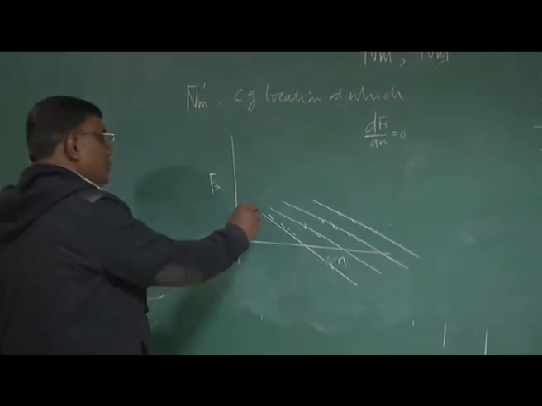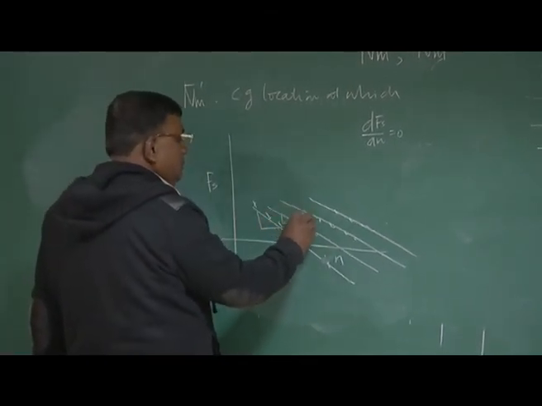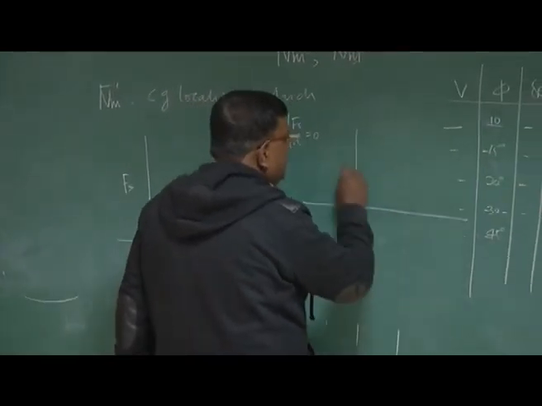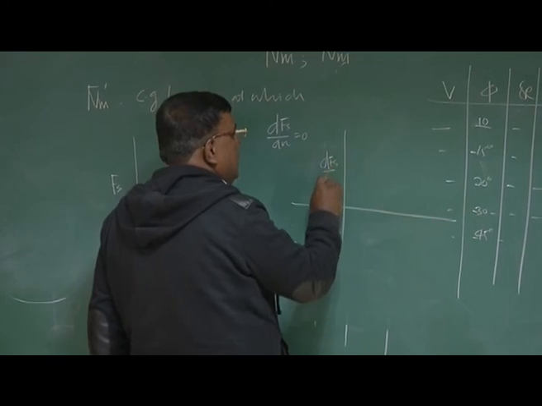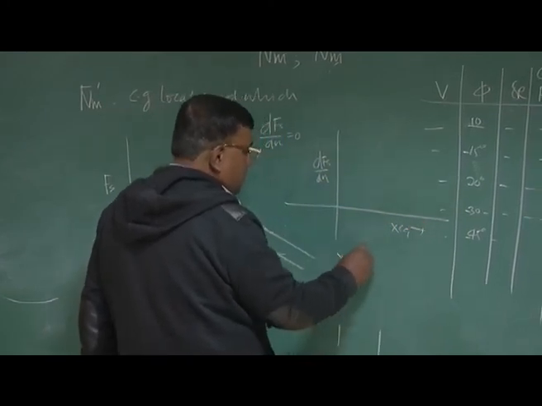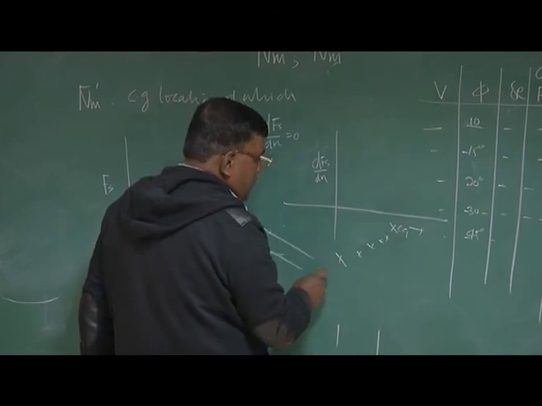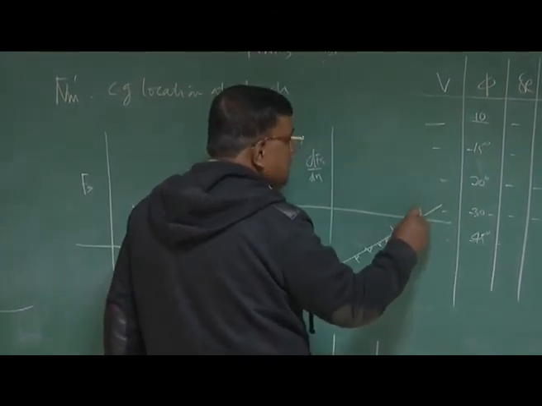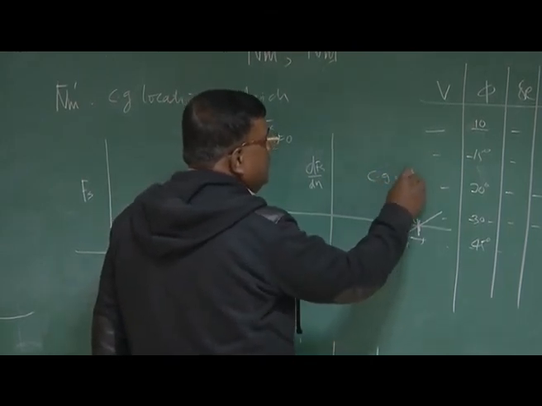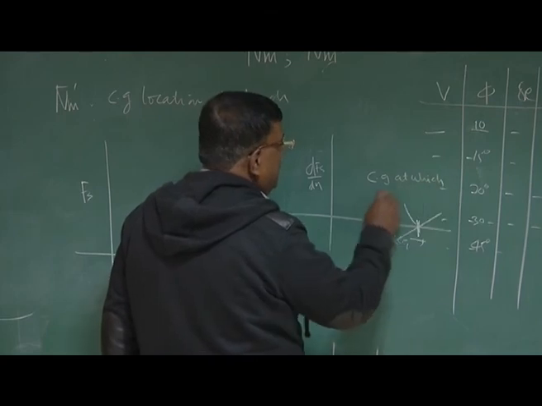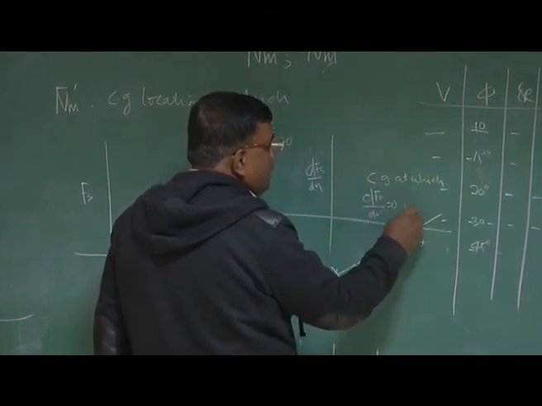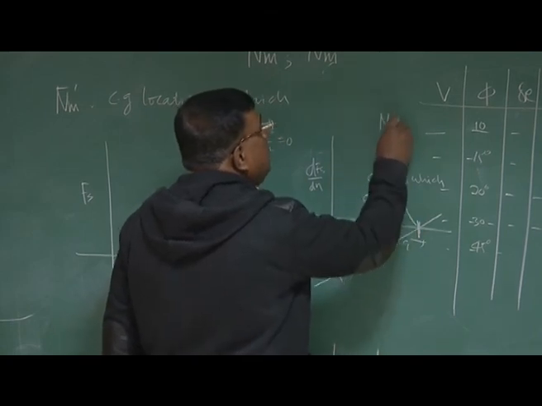Then I take the slope, and I plot dFs by dn versus xCG, and 5, 6 points I'll get, join them, and this is the CG location at which dFs by dn equals 0. So this is nm prime.